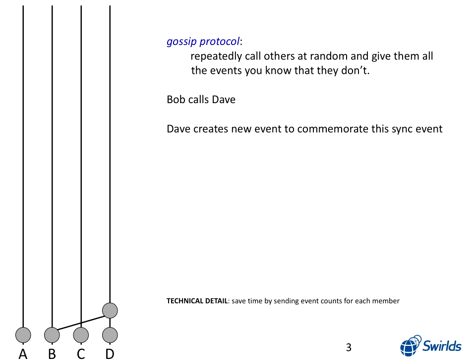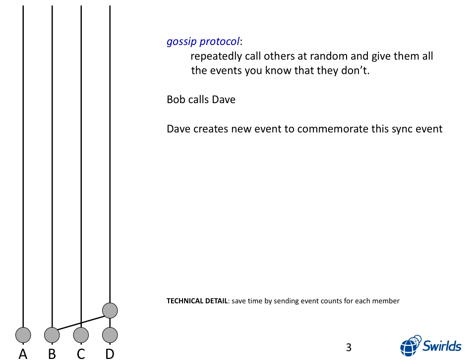So in this diagram, Bob calls Dave, and Dave creates a new event to commemorate the sync event of Bob having called him. So what you can see in this diagram is that Dave has created a new circle. Time flows uphill, so it's the second one up, and there is a line going down to Dave's first one, and also a line going down diagonally to Bob's first one.